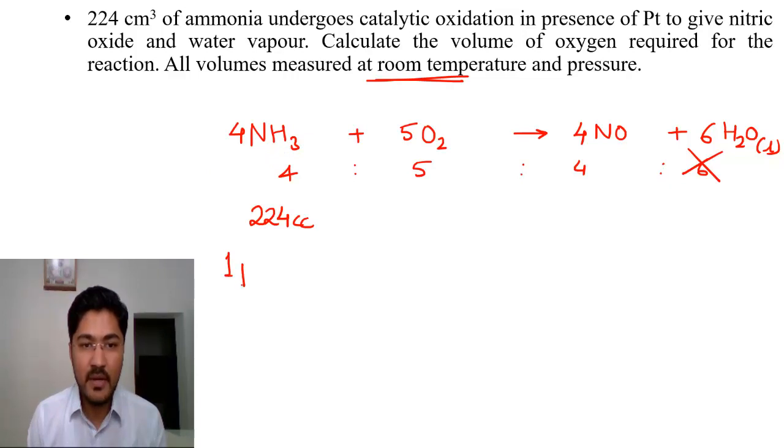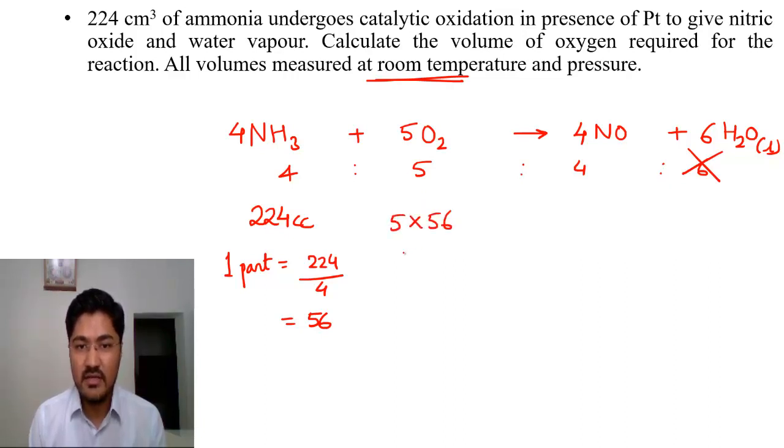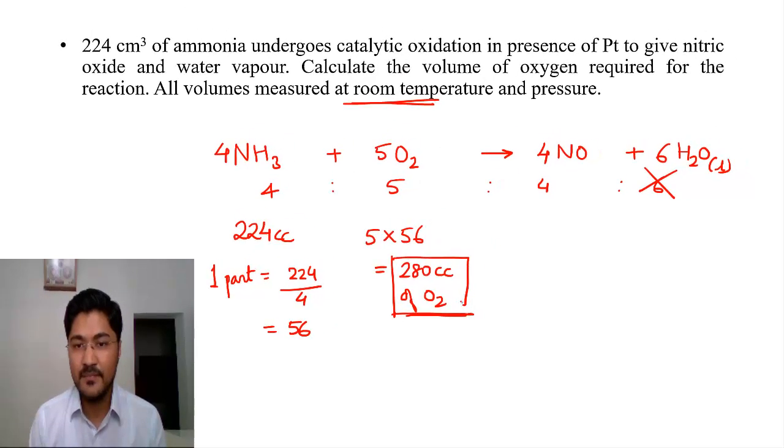So basically one part would be equal to 224 by 4, which comes out to be 56 per part, and the total volume of oxygen required for this reaction is 5 into 56, which will be 280 cc of oxygen, and this will be your final answer.